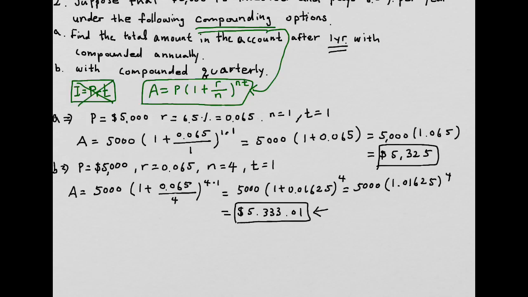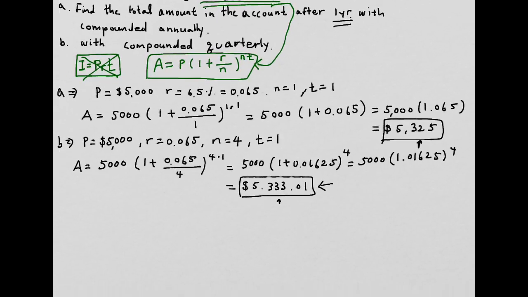You have 325 from this one, just the interest. This one right here, just the interest itself, is $333.01, right? So this one is obviously the better option if you have to pick one out of those two.